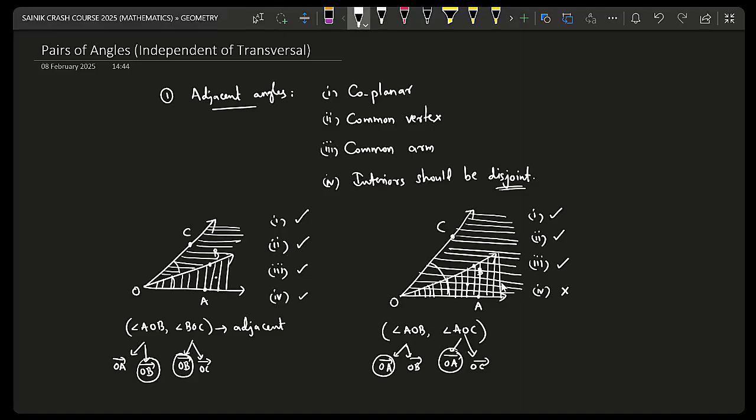Do they have any overlapping? This netted portion is there, I'm showing with yellow color. This is their common portion, right? That means they are overlapping. Because they are overlapping, they are not disjoint. Is it clear?